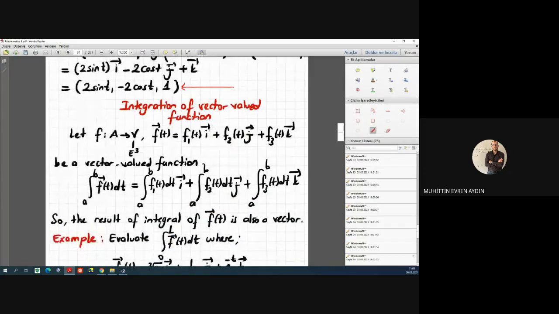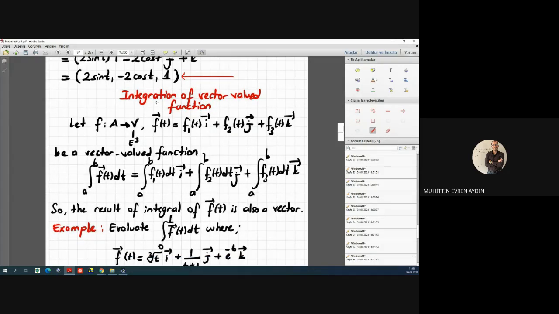As with limit, continuity, or derivative of vector valued functions, integration is the same. Namely, if you take the integration of a vector valued function, then you have to integrate the component functions.